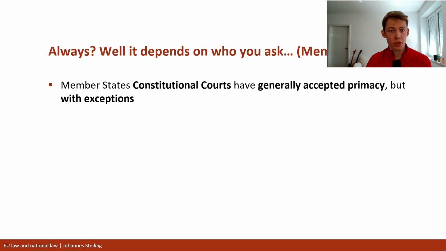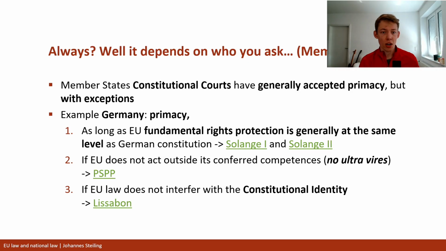And these exceptions in Germany, for example, are that the German court has over the years accepted primacy unless one of three things is the case. So in the beginning, there was a problem with fundamental right protection on the EU level because there was no Charter of Fundamental Rights and the ECJ hadn't yet guaranteed fundamental rights as general principles of EU law.